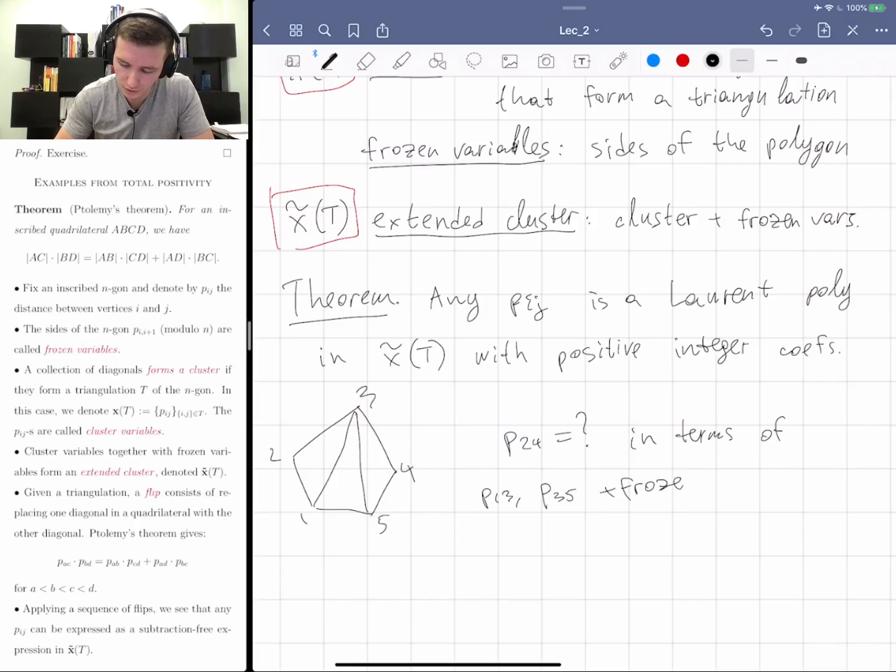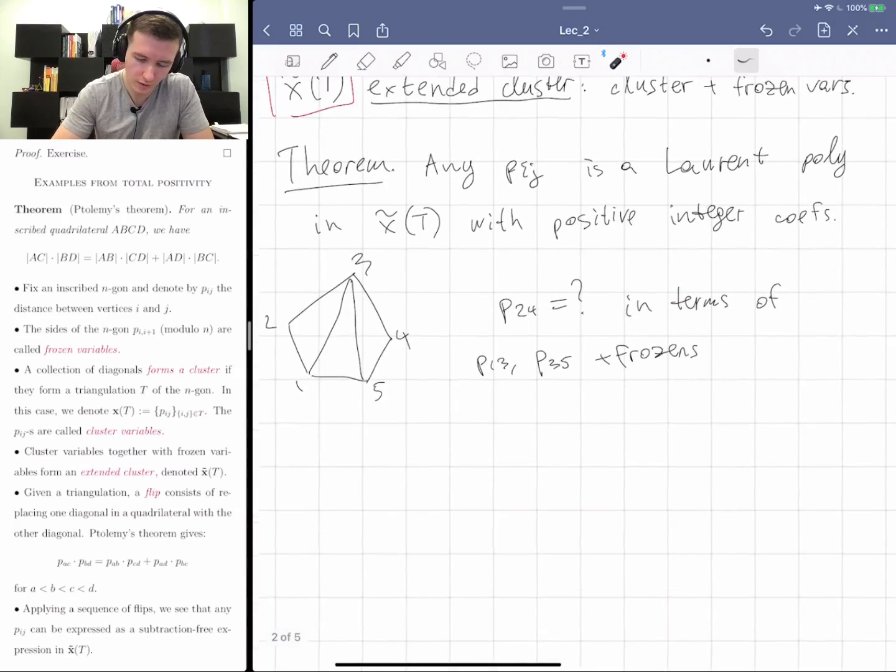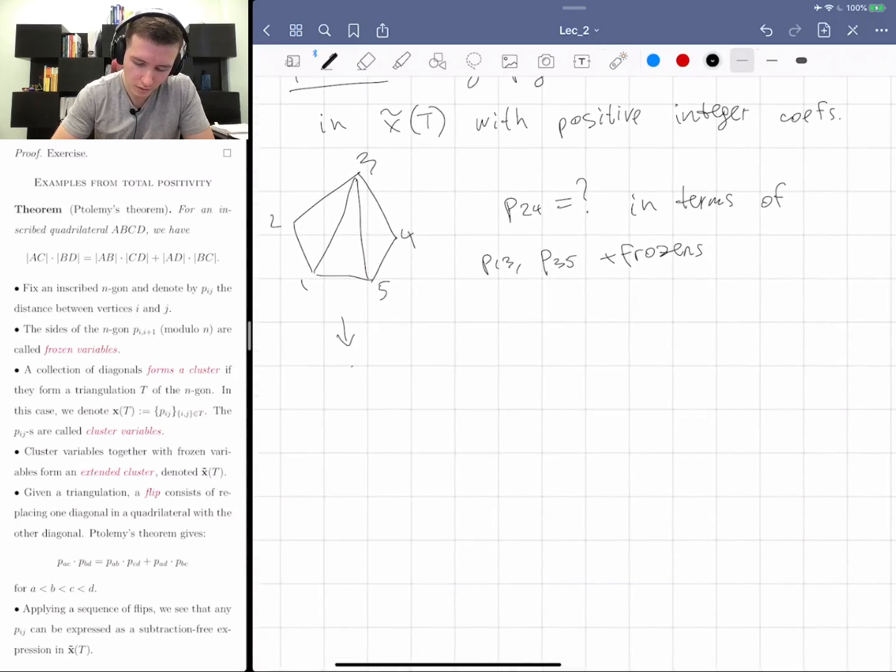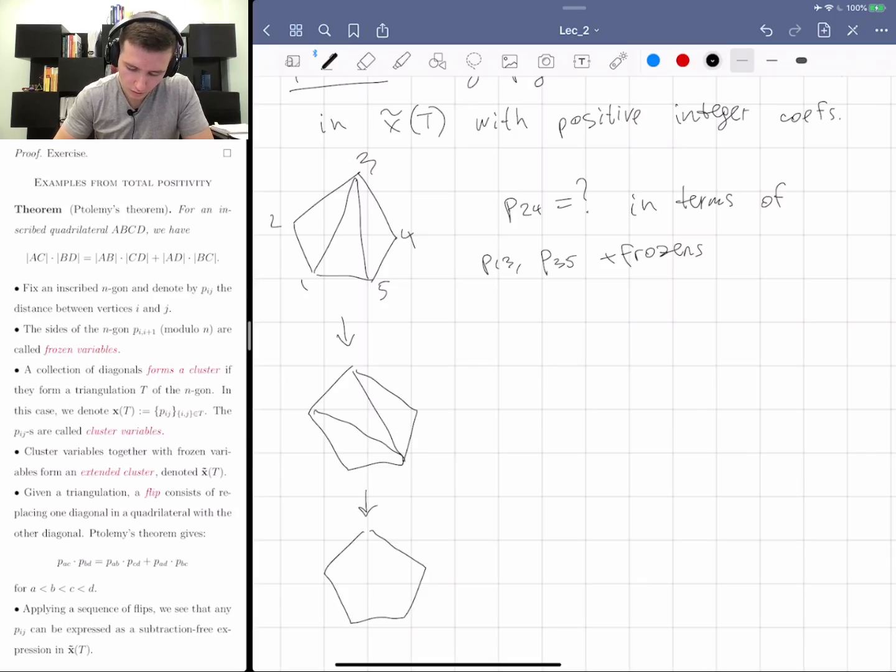And you have to do 2 flips. First you flip this diagonal, and then you do this flip, and then this is your 2,4.